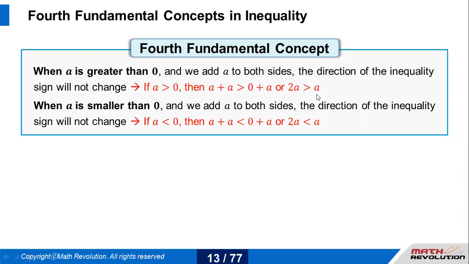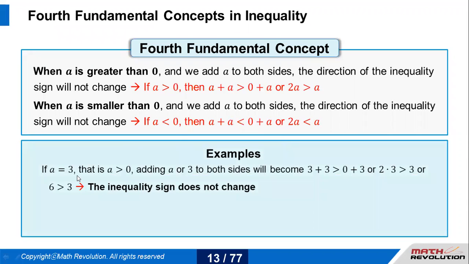Vice versa, if a was smaller than 0, and if we add a to both sides, again the inequality will not change. So if a equals 3, that is a is greater than 0, if you're adding a or 3 to both sides, it will still remain the same. So you should always know when the sign of inequality changes and when it does not. This is the major challenge.